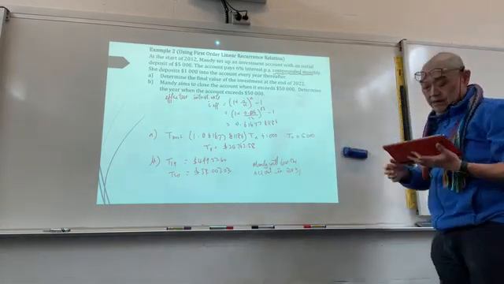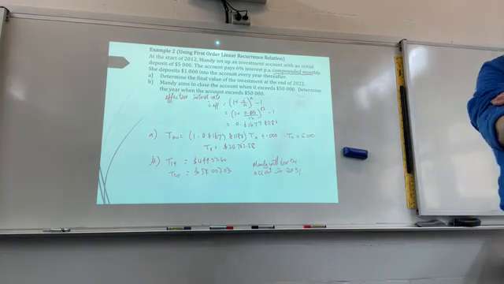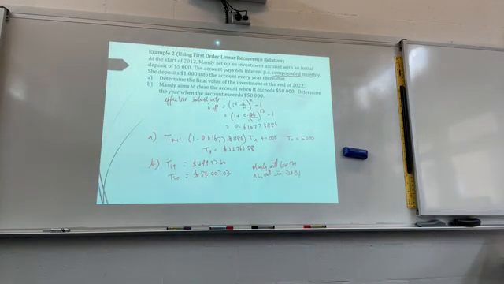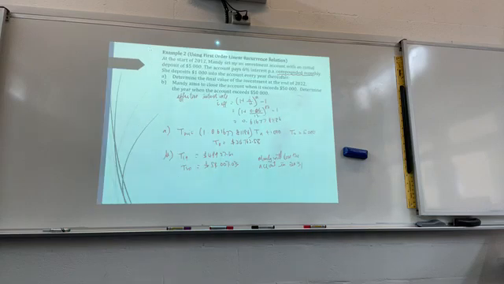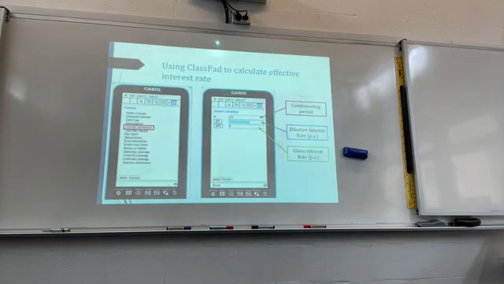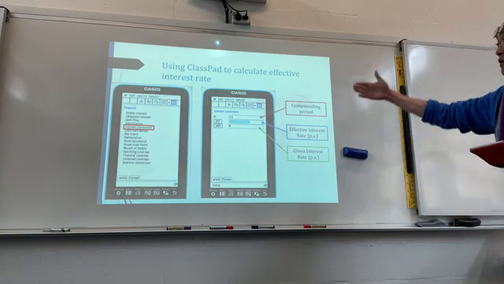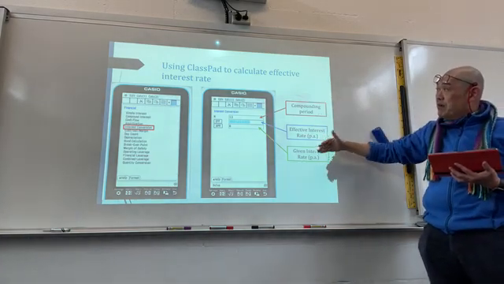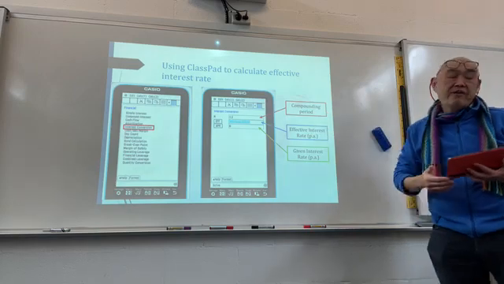Alright? Now, let's see how we could use a financial function. We need to be able to use a financial function. I've shown you how to do it. This time, very clearly, I've given you the steps.